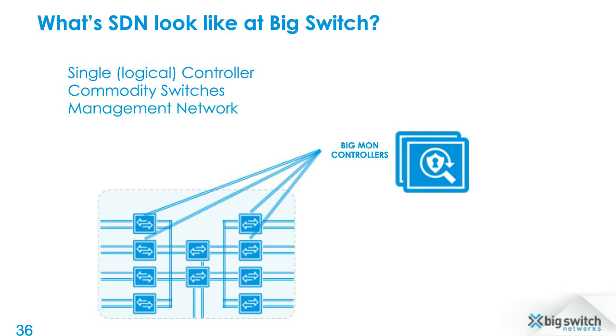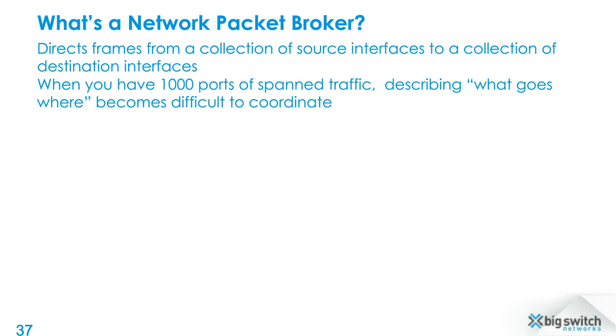So what's a network packet broker? Well, in the old days, when I started playing with networking, they had this thing called spanning. And what spanning was is you logged into a switch and you said, I want all the traffic that's coming in and out of this port to be sent out this port over here so that I could TCP dump it or send it to some tool for doing IDS analysis or whatever.